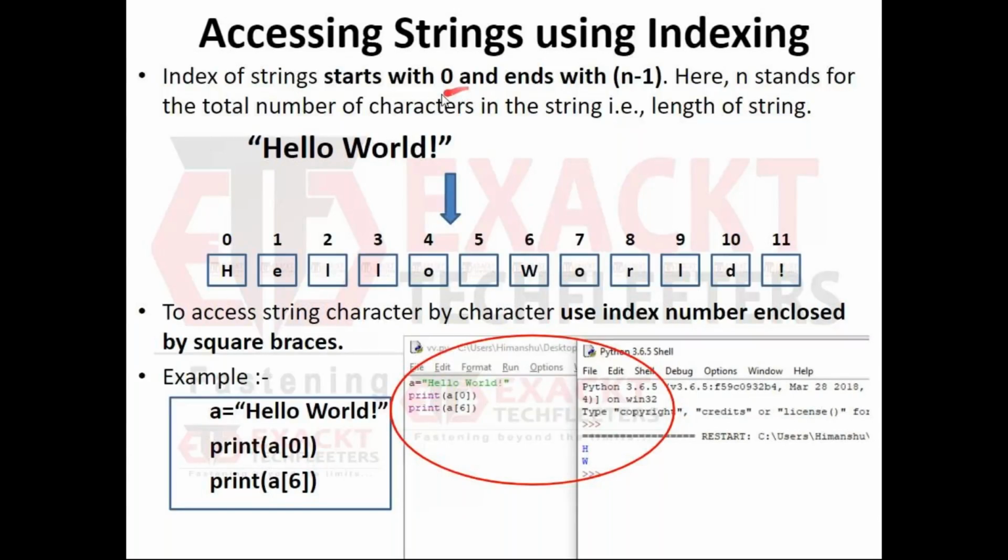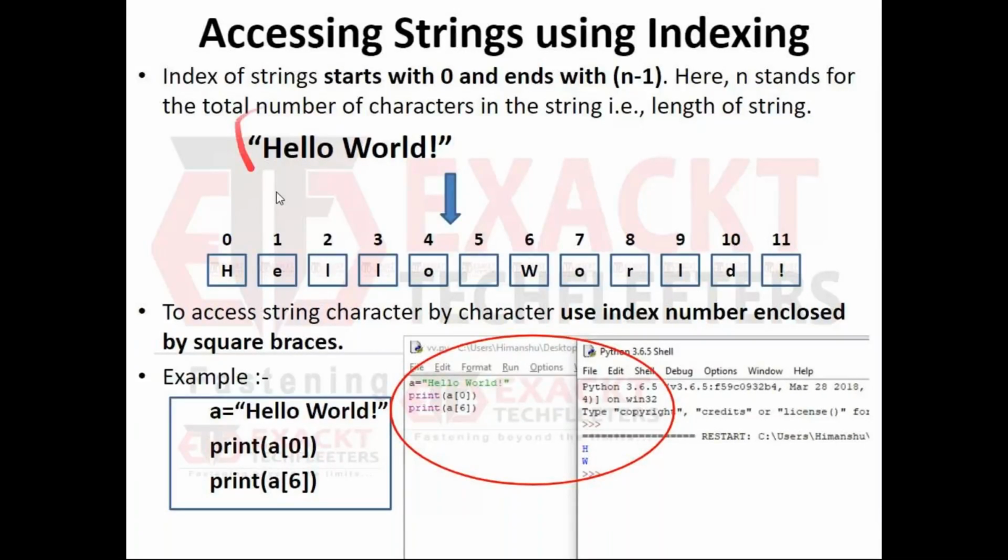And if you are starting with 0, then the ending part will be n minus 1. The last character's indexing will be n minus 1. What is n? n is the length. Let's count the length of this particular string: 5, 6, 7, 8, 9, 10, 11, 12. So the total length of this string is 12.